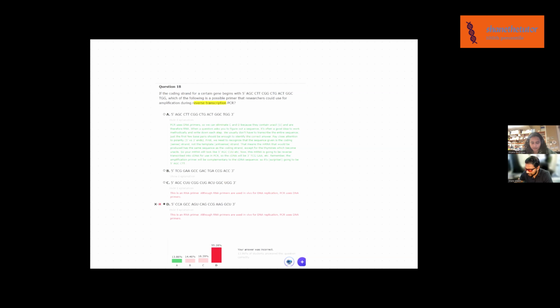Like the central dogma. So if transcription is DNA to RNA, reverse transcription, I'll just write RT, would be turning RNA into DNA, right?